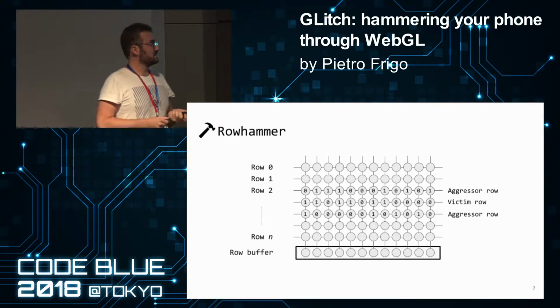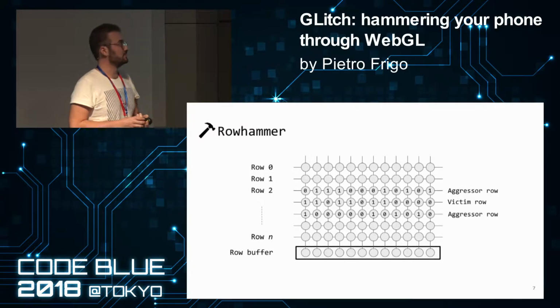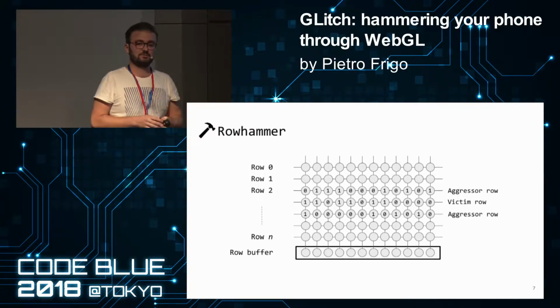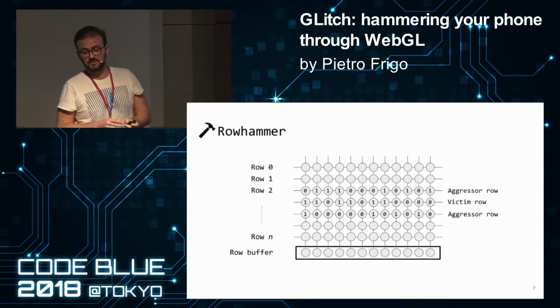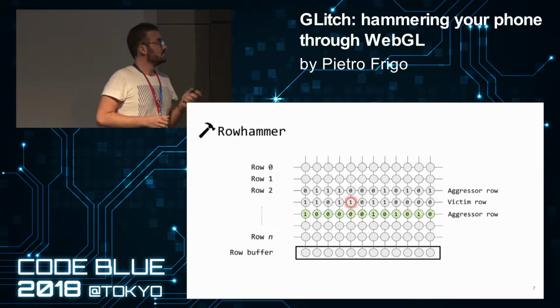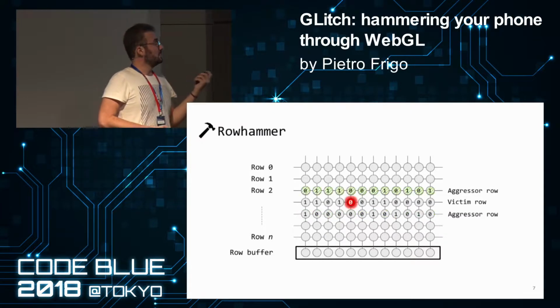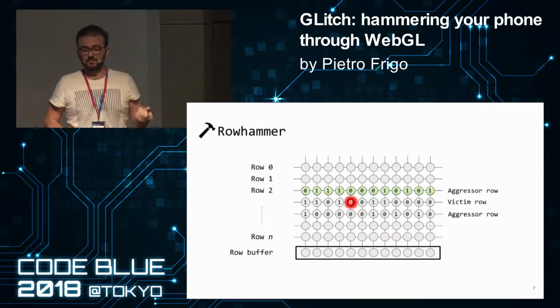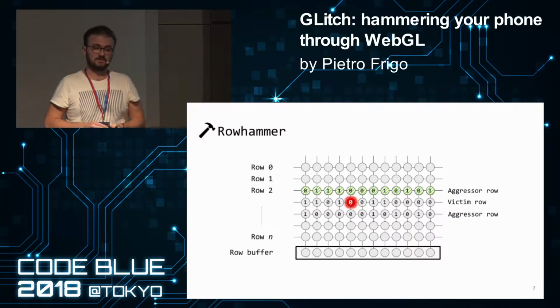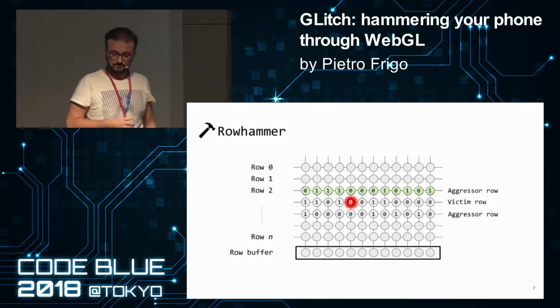Now, what researchers discovered is that if you perform a specific access pattern, usually choosing 2 aggressor rows with a victim row in the middle, and you access the aggressor rows fast enough, the charges in the victim row might start leaking. At one point, you can trigger a bit flip, changing the data from 1 to 0 or 0 to 1, again depending on the encoding.